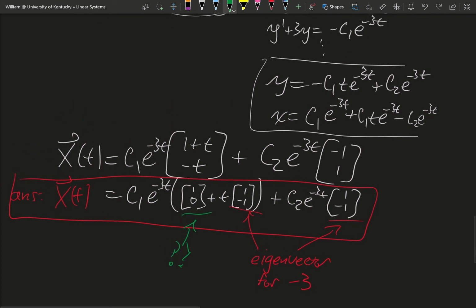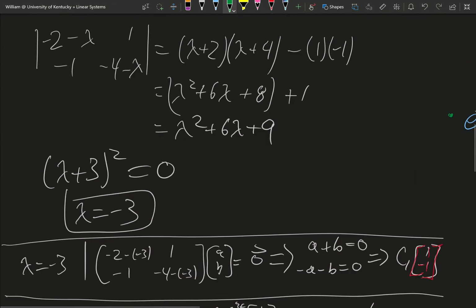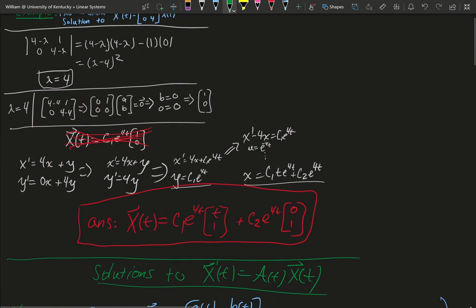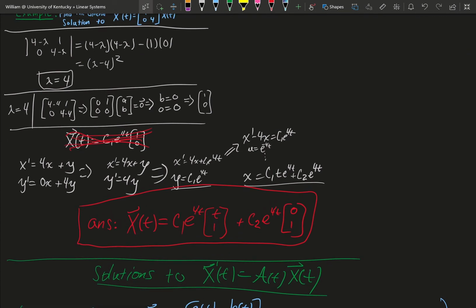And if we go back up to the other example that we solved, we could rewrite this, right? Actually, I wrote down the wrong answer here now that I look at it again. This should be 1, 0.